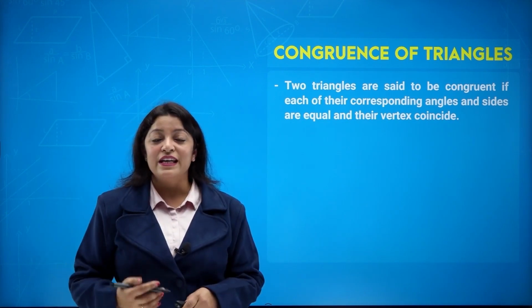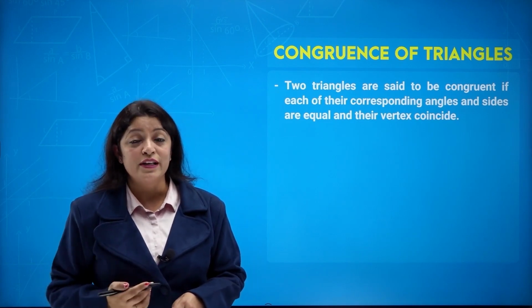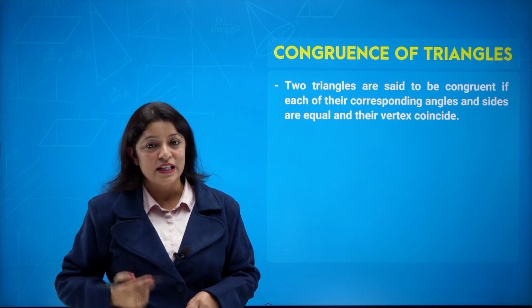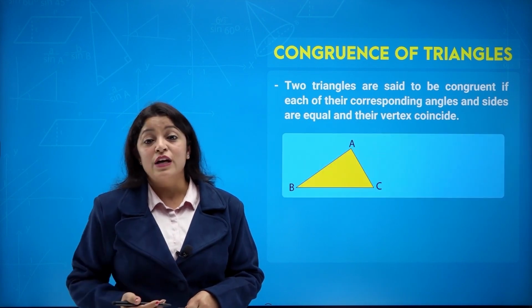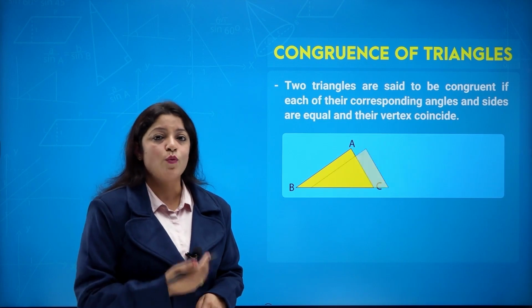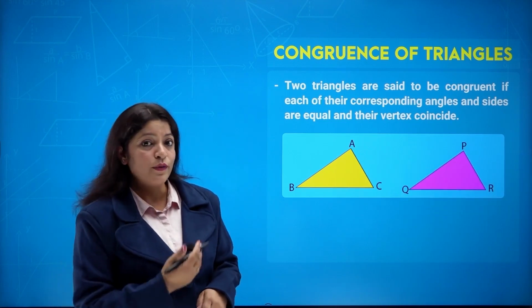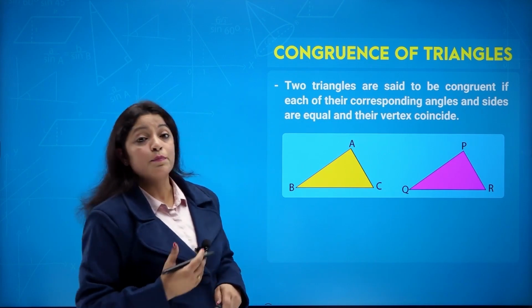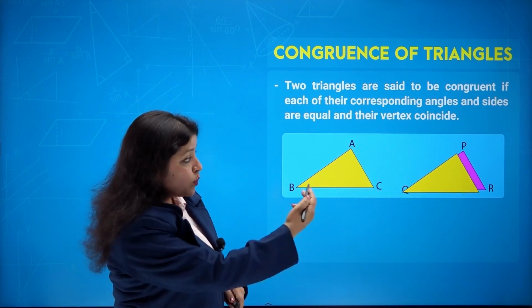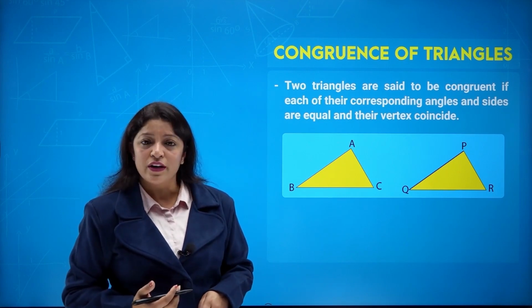So here we can see that when we put one triangle over the other triangle, their vertices should superimpose each other. So now let's see a triangle ABC, and let's take one more triangle, that is PQR. So here we have seen if a triangle completely overlaps with the second triangle, are you able to see the PQR triangle here?